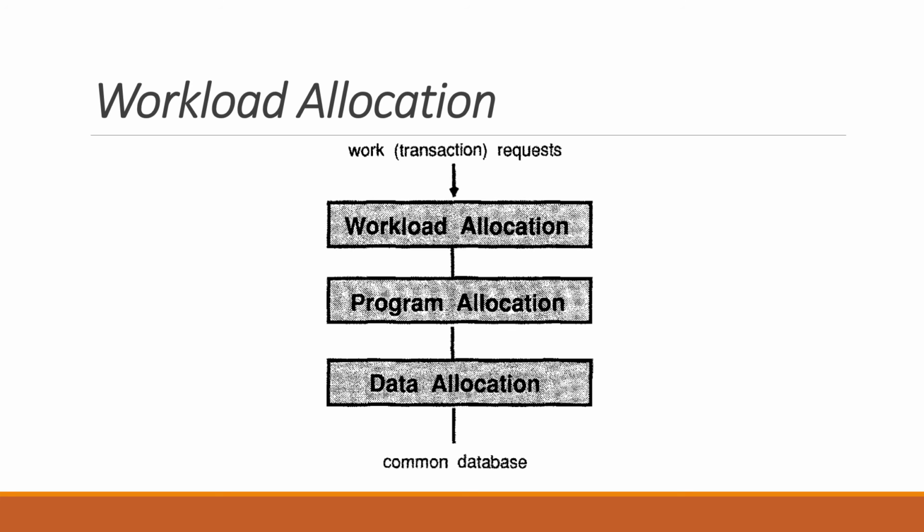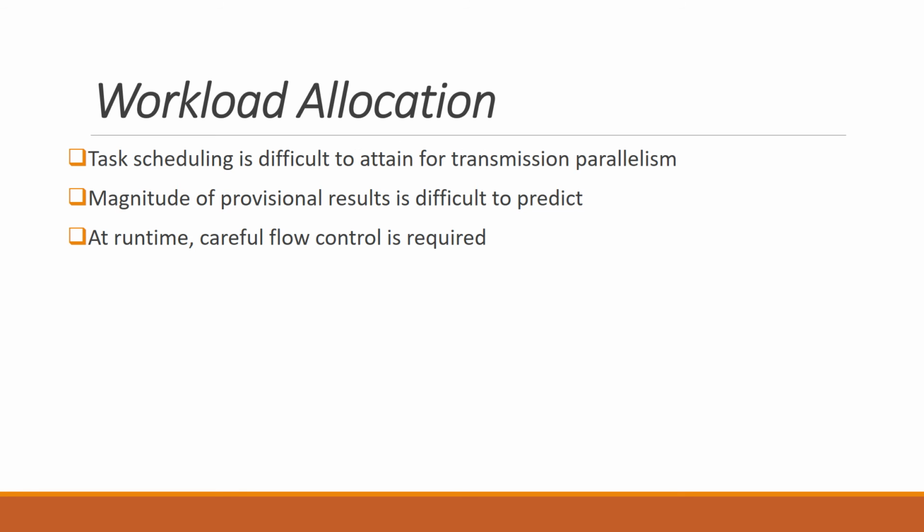While both data and pipeline concurrency are required, pipeline parallelism is generally regarded as less effective in order to decrease query response times. Task scheduling is difficult to attain for pipeline parallelism due to precedence relationships between operators and because individual operators' execution times vary greatly.